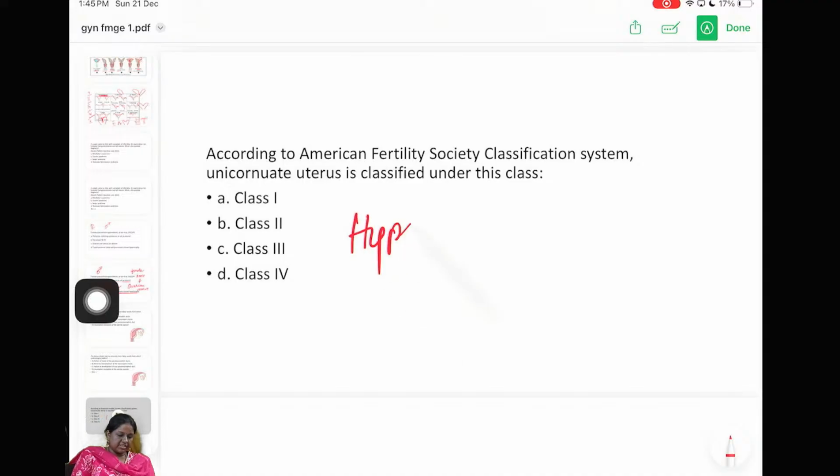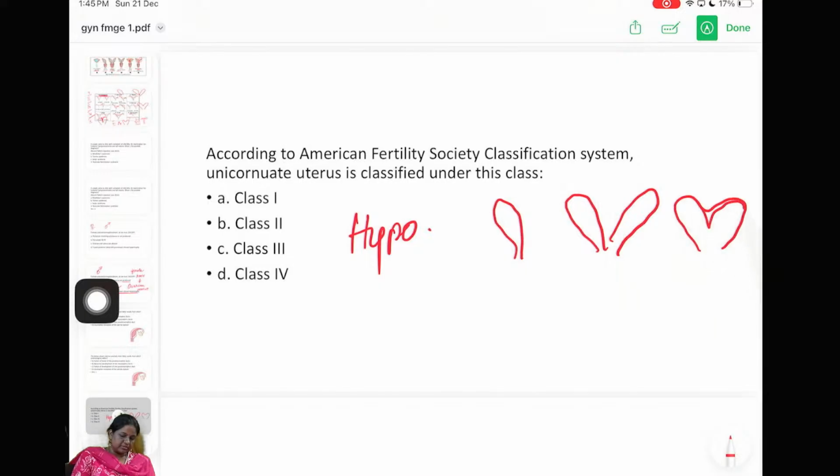One is hypoplasia or agenesis, second is unicornuate, third is didelphys, fourth is bicornuate. Sorry, bicornuate. Correct? It is 2.